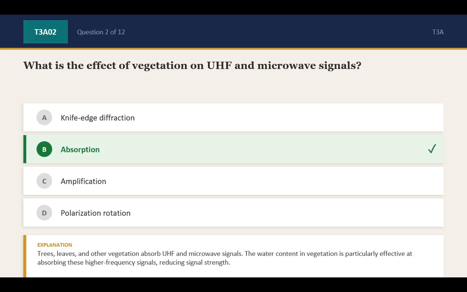What is the effect of vegetation on UHF and microwave signals? B. Absorption. Trees, leaves, and other vegetation absorb UHF microwave signals. The water content in vegetation is particularly effective at absorbing these higher frequency signals and reducing signal strength.